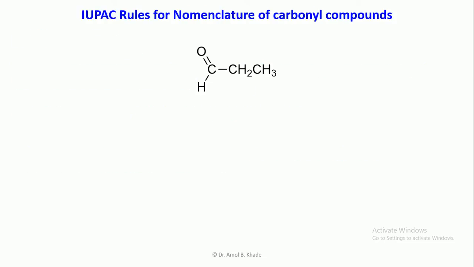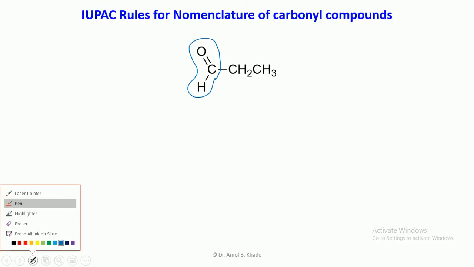Now, by applying these rules, we can try to name this structure. The rest of the rules are the same as those for alkanes, alkenes and so on. Here we can easily make out that there is an aldehyde group present on the structure, and because of that the priority should be given to the functionality, and then we can number.